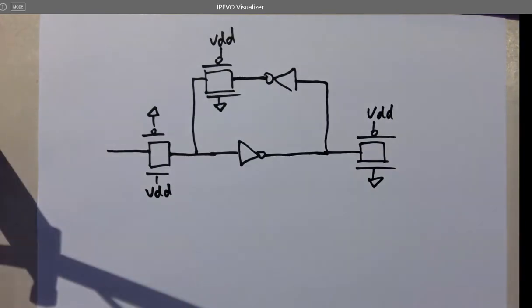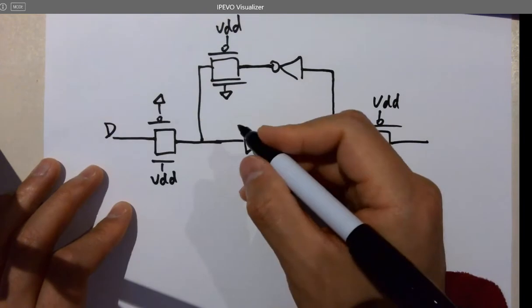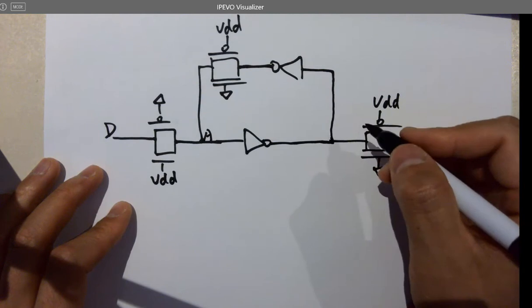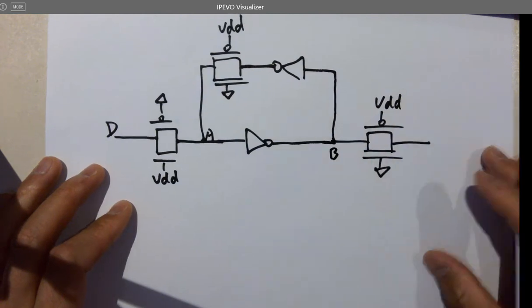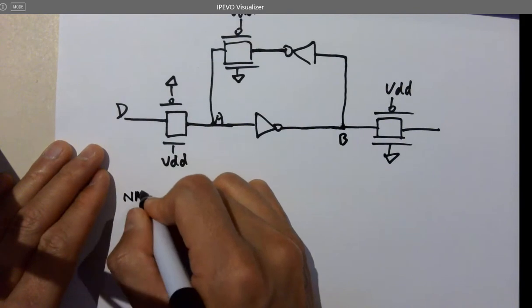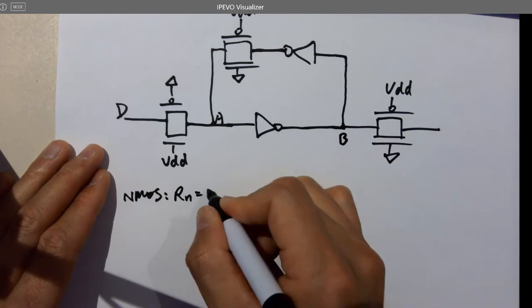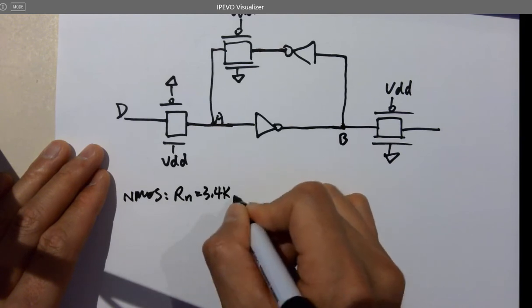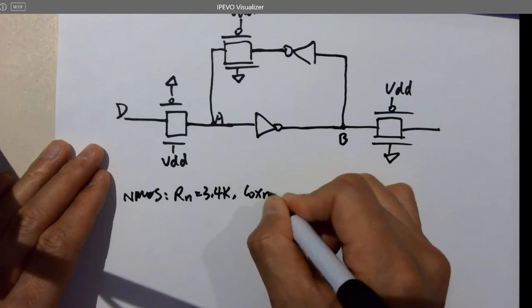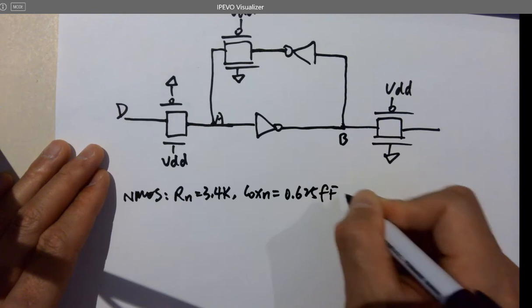So for something like that, there are 3 points: D, A, B. So for NMOS, Rn equals 3.4K, and CoxN is 0.625 femtofarads.